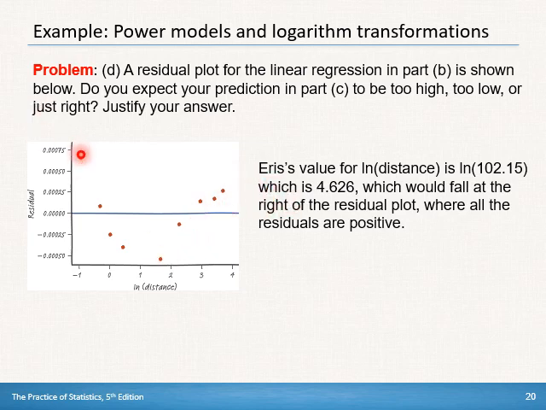And so the pattern goes high, low, and then high again. And we would probably expect that this pattern continued, that our point would be somewhere up here. So remember that the blue line going through the middle would be a zero residual. That means the predicted value would be the exact same as the actual value.